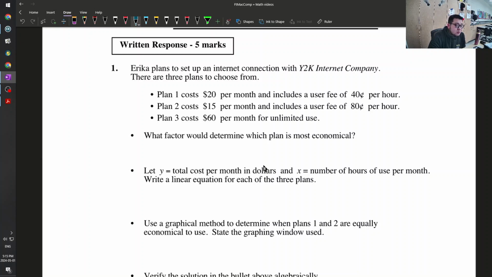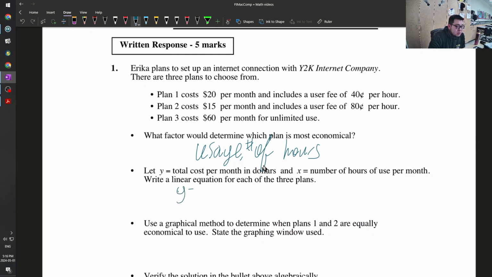So obviously your usage, which is the number of hours. Okay, let y be the total cost in monthly dollars and x be the number of hours per month. Write a linear equation for each of the 3 plans.